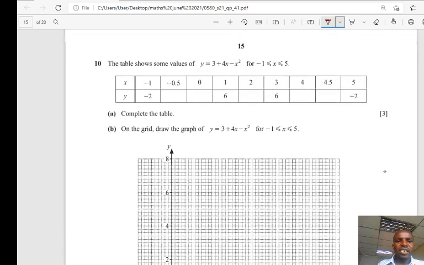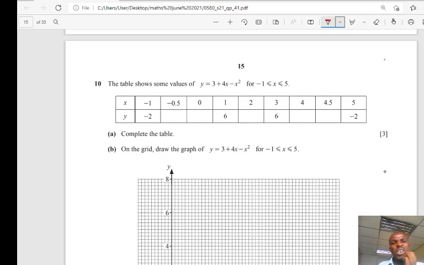Question number 10. Right, this one you just have to use your calculator to complete the table. These are 3 marks. Here you put x as minus 0.5. So the first one, when x is minus 0.5, what will be y? So I say 3 plus 4, then open bracket, put minus 0.5 here, minus, then open another bracket, minus 0.5, then squared. That's how you punch in your calculator.